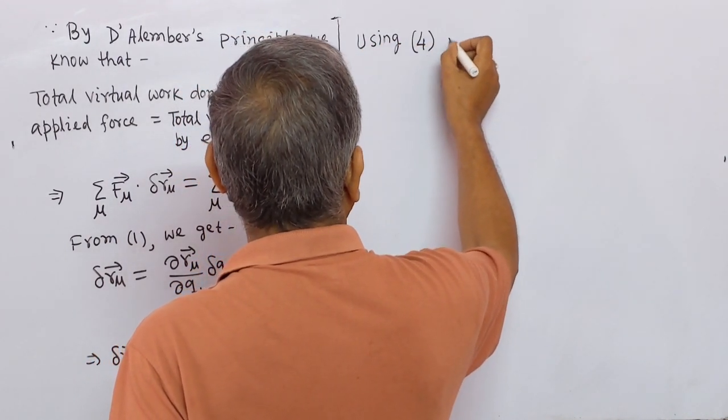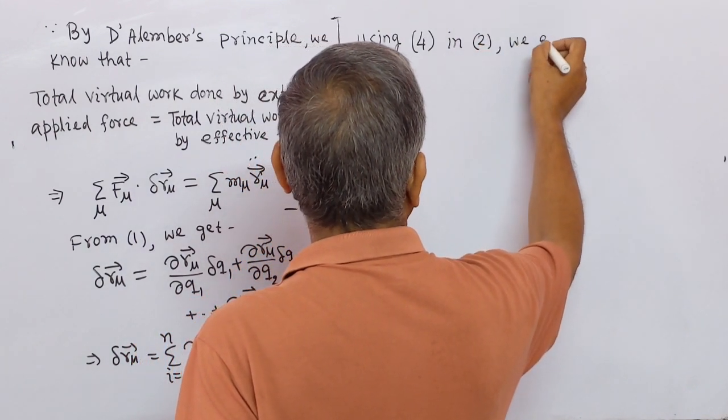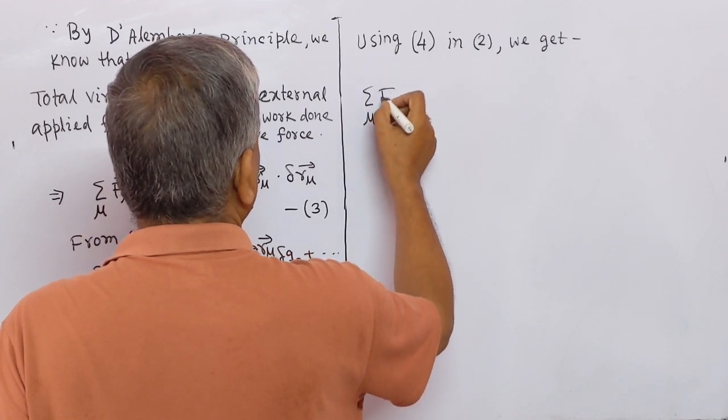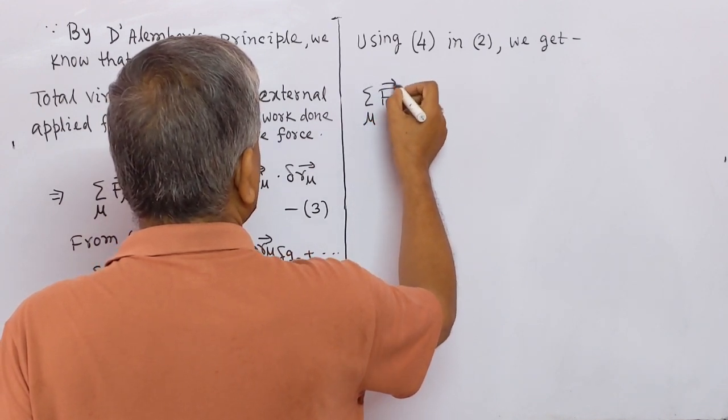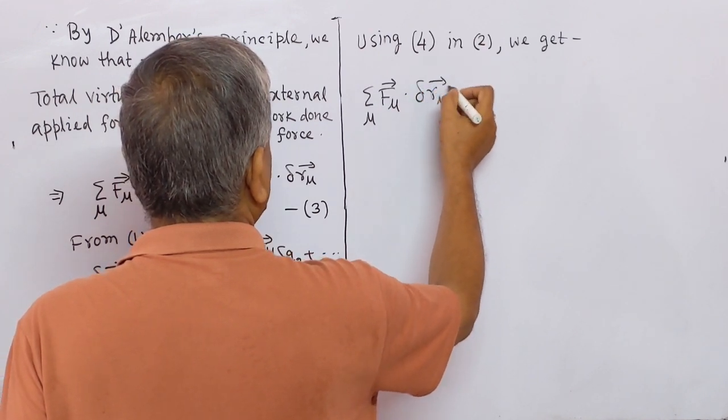Using 4 in 3, we get sigma mu F mu vector dot delta R mu vector.